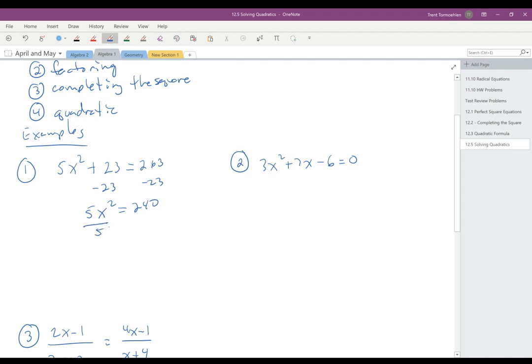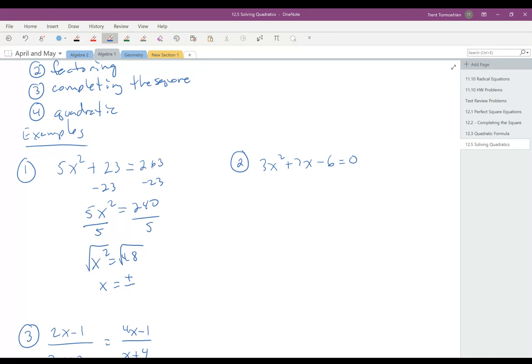Divide through by 5, and you get x squared equals 48. Take the square root of both sides, and that gives you x equals plus or minus the square root of 48. And remember, when you're doing these, I want you to do two things always. First, whenever you take the square root of both sides, you always do plus or minus. And the second thing is leave answers in simplest radical form unless it tells you otherwise.